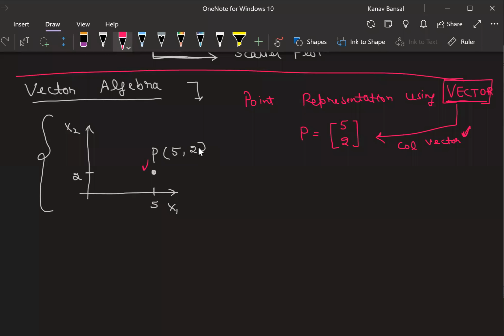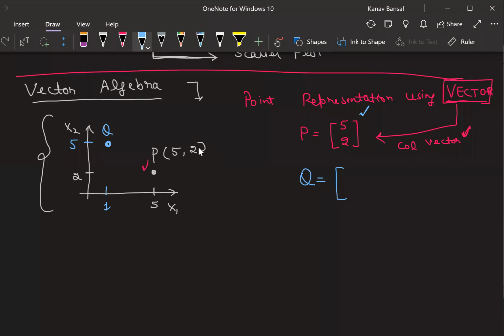All right. Now, similarly, can anyone tell me how do I represent another point here, let's say Q? Let's say this is a point Q, which has a 1 here and maybe a 5 here. So how do I represent this Q using a vector? Just tell me the vector representation.